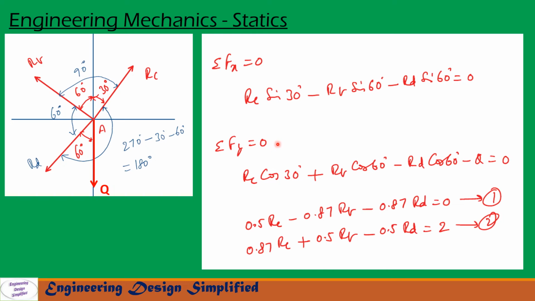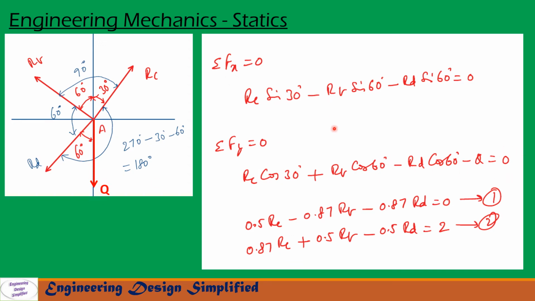Sigma Fy equals 0. So RC cos 30, the vertical component of RC, plus RB cos 60, the vertical component of RB, minus RD cos 60, the vertical component of RD, and minus Q, which is already vertically downwards, equals 0.